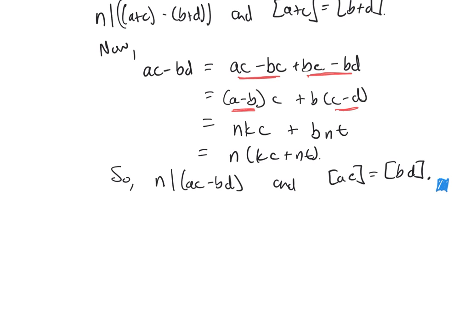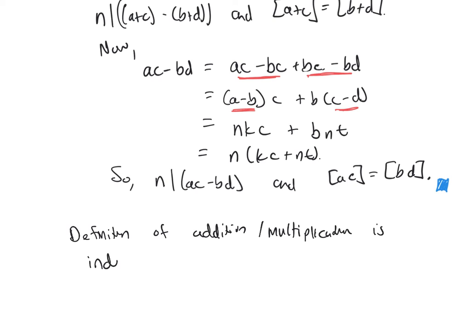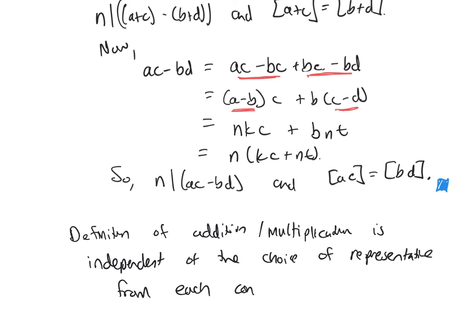So again, why is this theorem so important in terms of our operations? What it's saying is that our definition of addition and multiplication is independent of the choice of representative from each congruence class.